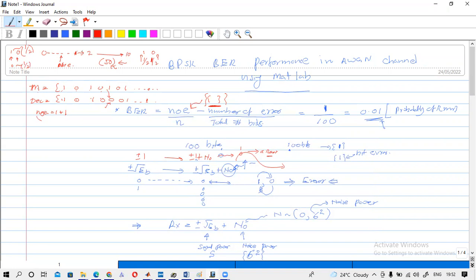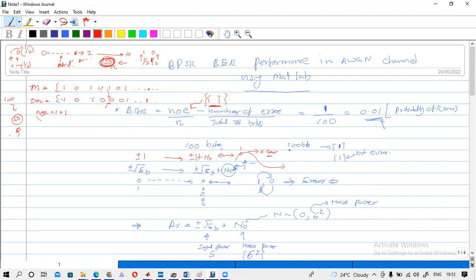That is why, when we increase this sigma, the noise power, to very high, still the number of errors will be 50. If we are sending 100 bits, approximately 50 bits will be wrong.